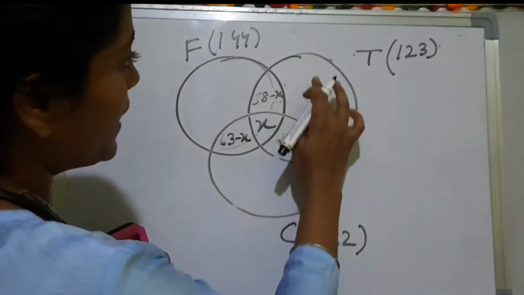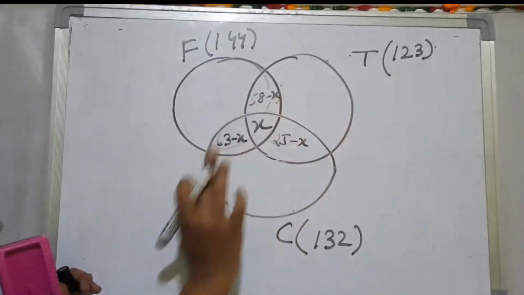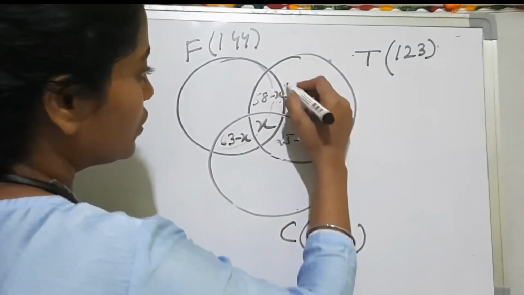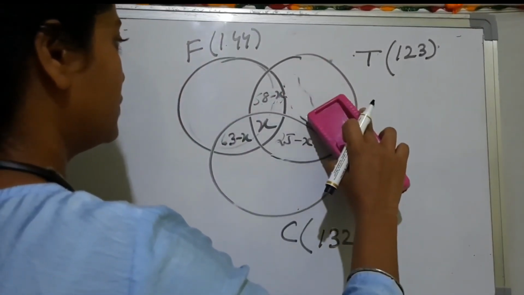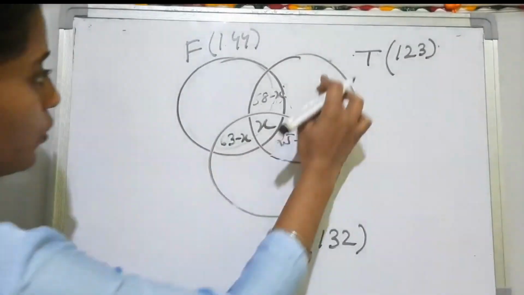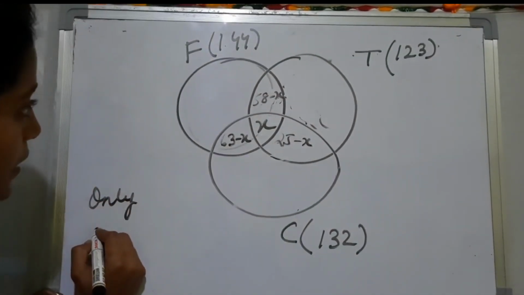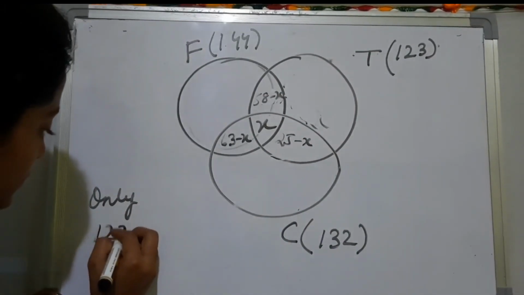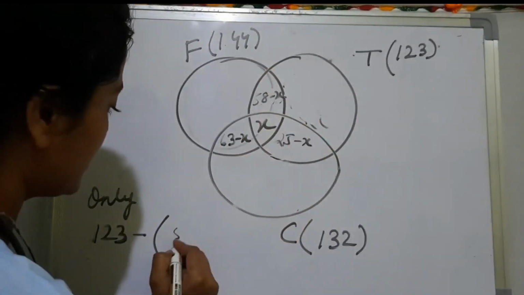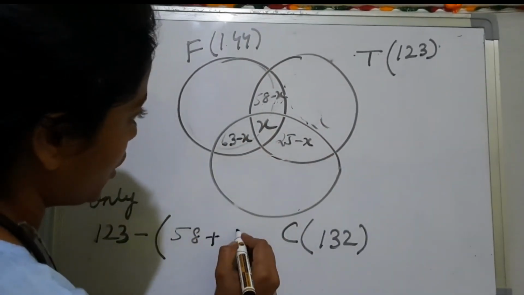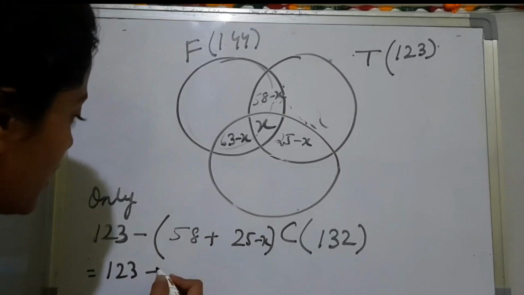Now we have to find only tennis players. The players who play tennis is 123. So only tennis will be 123 minus the whole 58 plus 25 minus x.